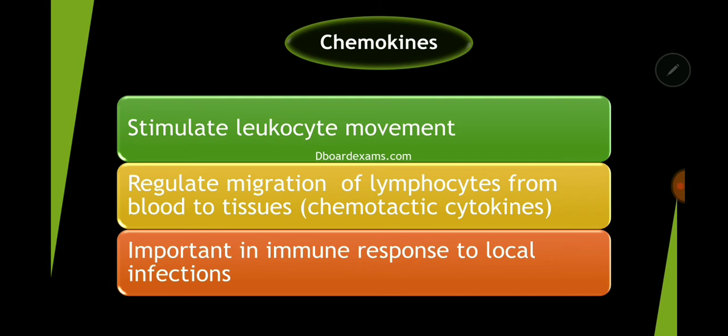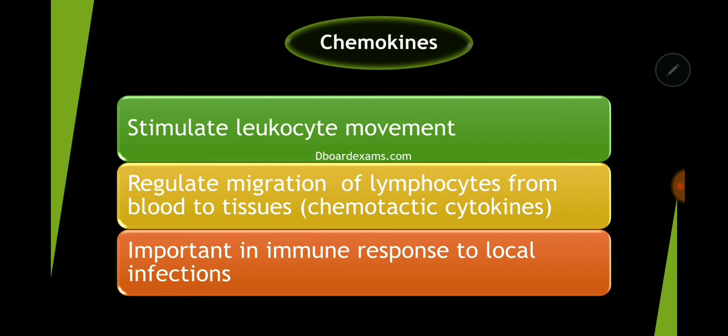Chemokines are molecules that stimulate leukocyte movement. Remember, in the previous lectures, we discussed chemotaxis, phototaxis, and how these stimulants cause the cells of bacteria to move. This is similar to immune cells also.